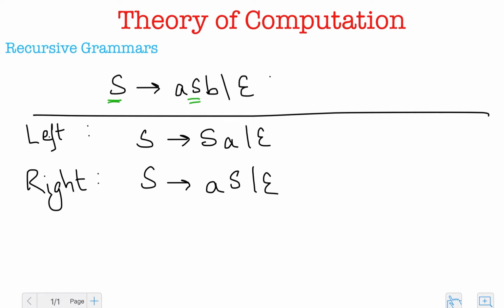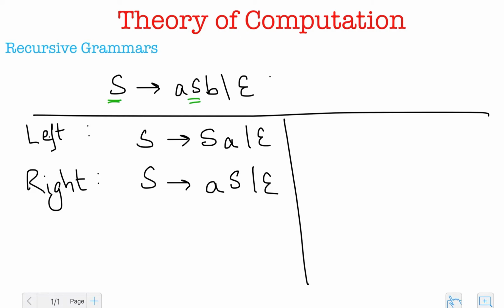What I want you to remember is that if a grammar is only left recursive or only right recursive, it's not going to be ambiguous. But if it is left as well as right recursive, it's definitely going to be ambiguous. If it's neither, then I don't think anything can be said about it.